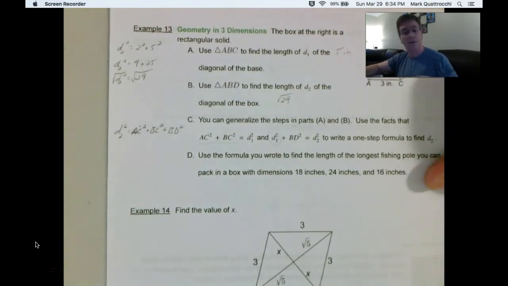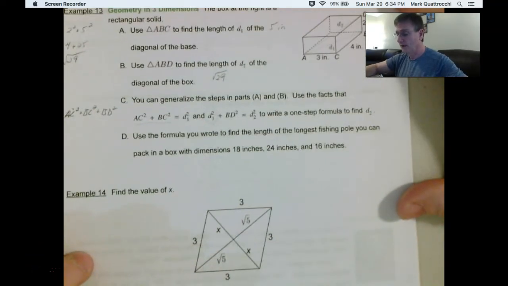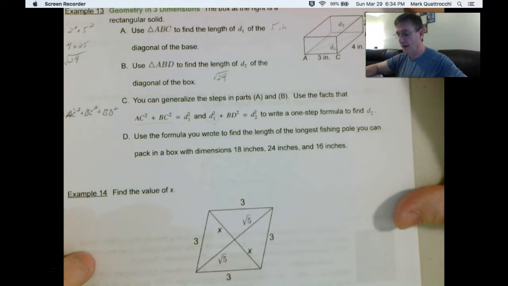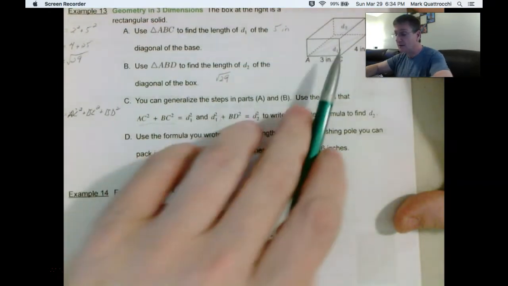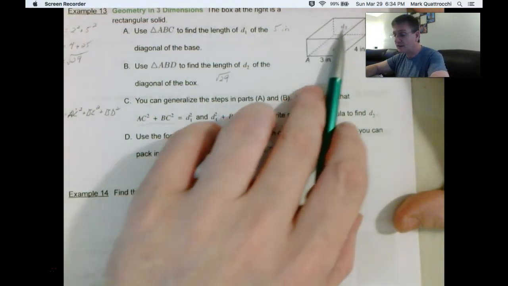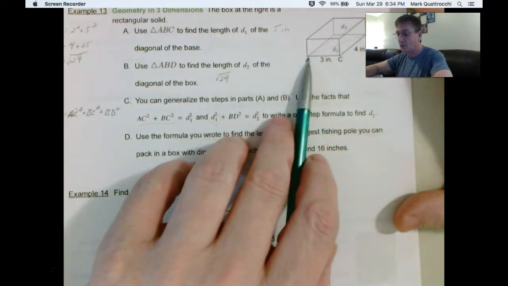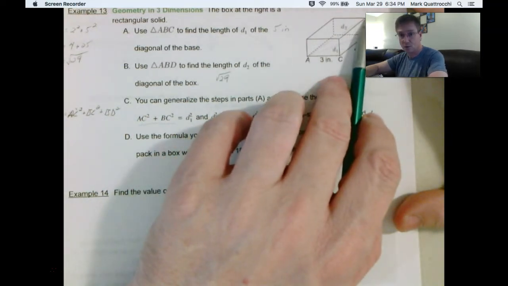Okay. Now, use the formula you wrote to find the length of the longest fishing pole you can pack into a box with dimensions 18 inches, 24 inches, and 16 inches. So the longest line is going to be this D2, corner to opposite corner.